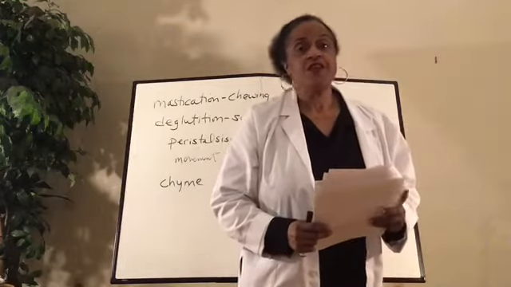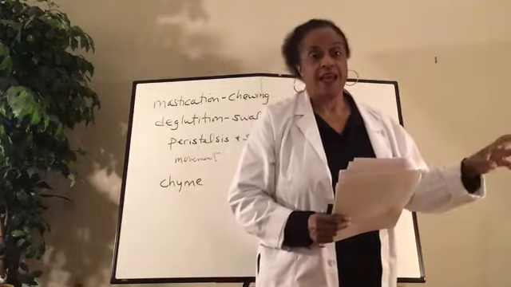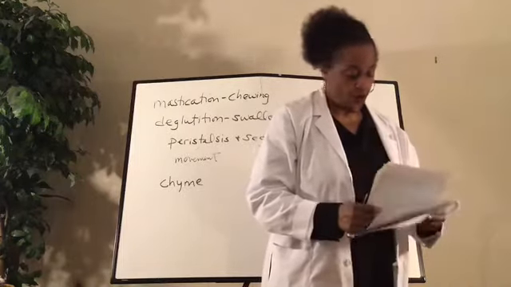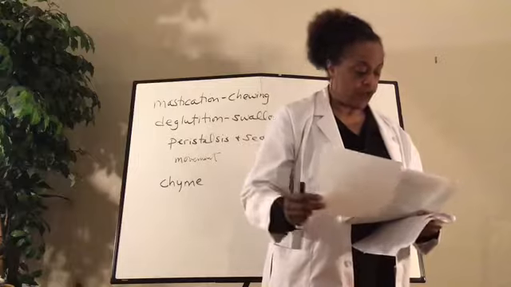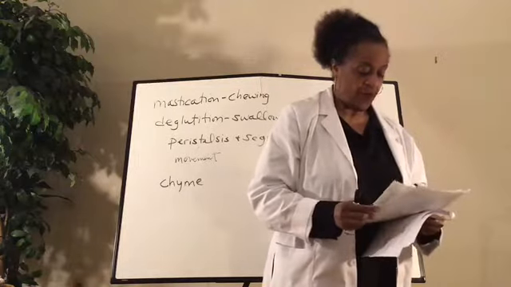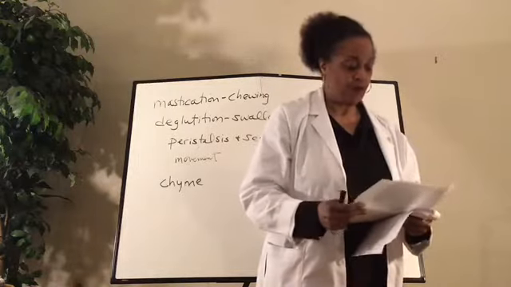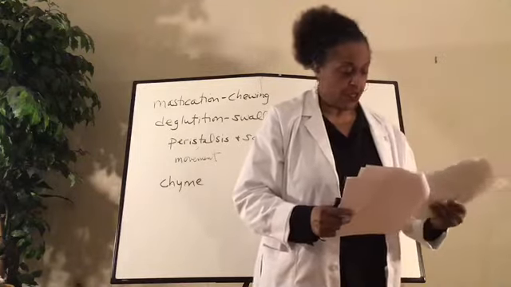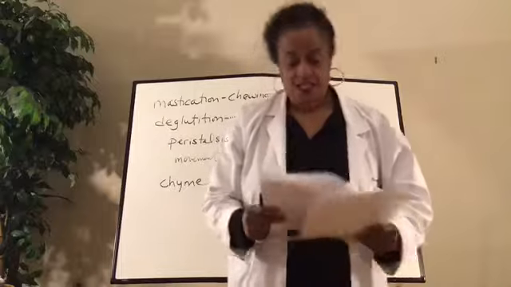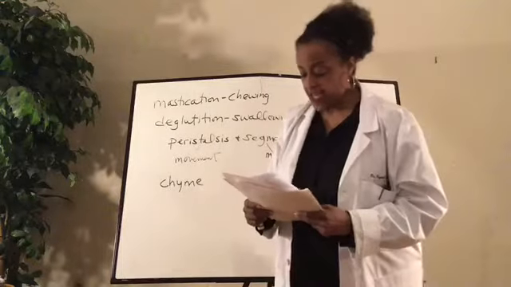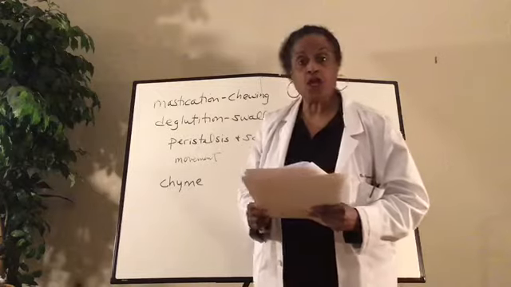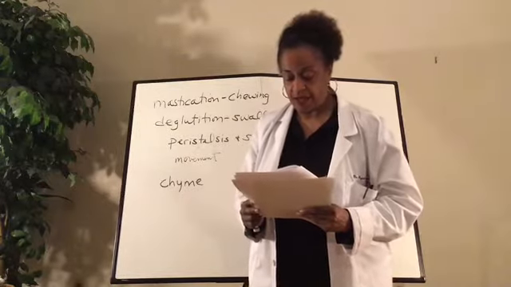Now let's turn our attention to chemical digestion. We talked about mechanical digestion, the way food and chyme moves through our system. Now let's look at chemical digestion. Chemical digestion consists of all the changes in chemical composition that food undergoes in the digestive tract.